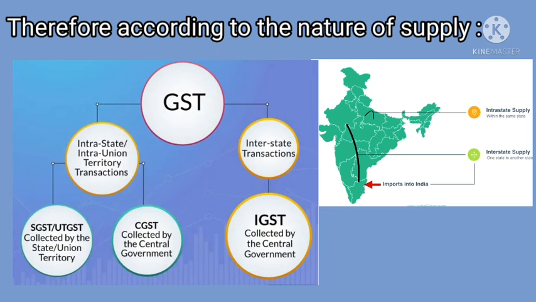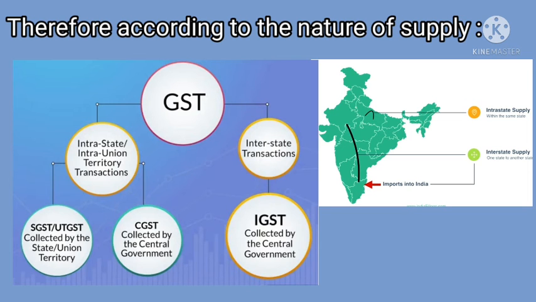Therefore, according to the nature of supply, GST is divided into two parts: intrastate or intra-union territory transaction and interstate transaction. So, in case of intrastate transaction, a customer has to pay both the SGST plus CGST.